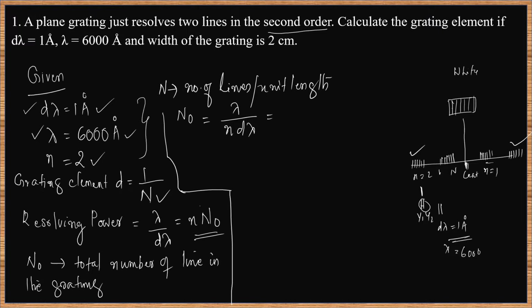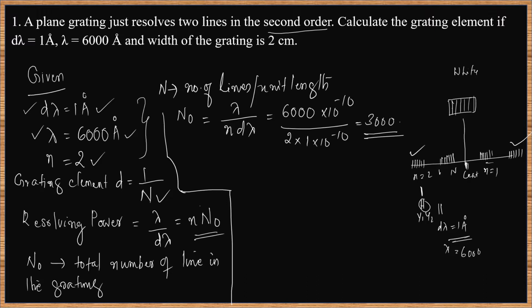Lambda is 6000 angstrom into 10 raised to minus 10, divided by 2 into d lambda, which is 1 angstrom, 1 into 10 raised to minus 10. The 10 raised to minus 10 cancel out. 6000 by 2, that is 3000. So the total number of lines is 3000.